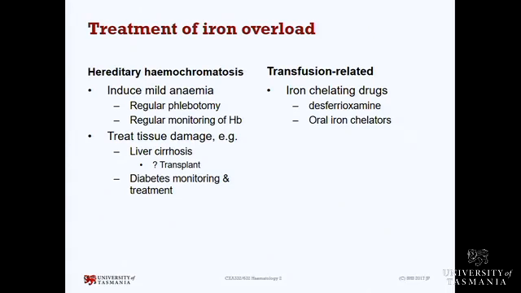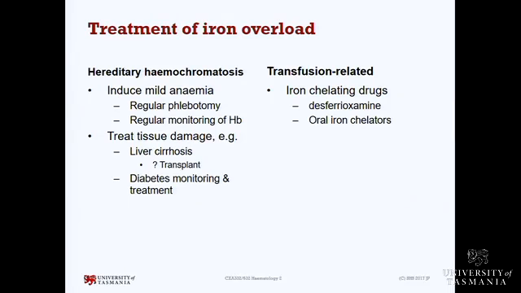And so the way that we deal with that is we use what we call iron chelating drugs. I talked about this when we were talking about sideroblastic anemia yesterday. So desferrioxamine is the main one. Desferrioxamine chelates the iron, so it binds with the iron, and then that is removed from the plasma and excreted from the body in urine.